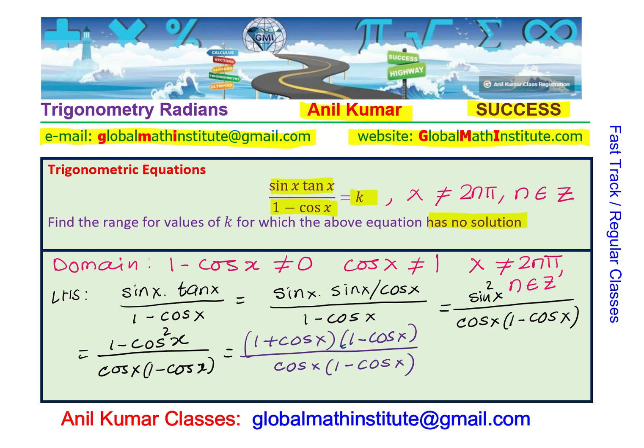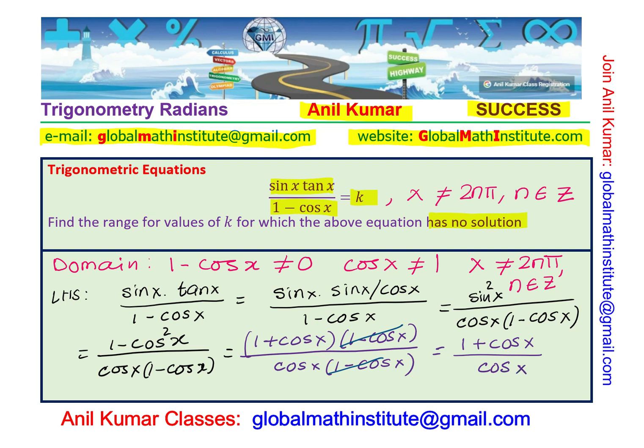So you can cancel 1 minus cos x and you're left with 1 plus cos x over cos x. So now this expression should help you in finding the solution to the problem, correct? I hope the first step is absolutely clear. We simplified the left hand side, and we've written it as 1 plus cos x over cos x, correct?